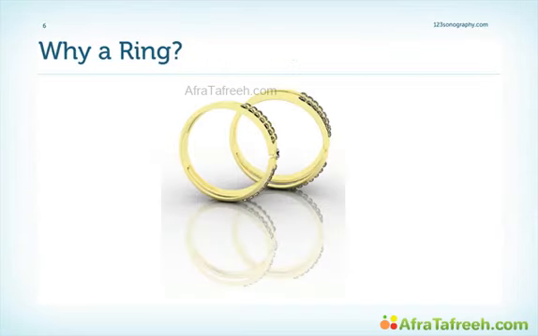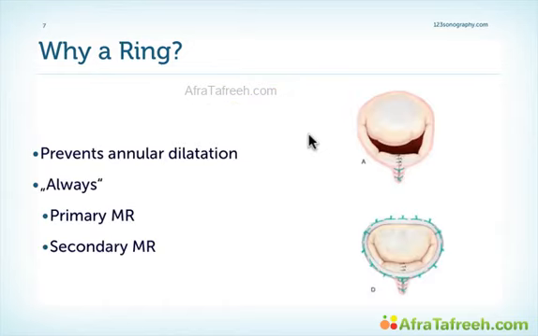But why a ring in the first place? Well, this question has obviously nothing to do with marriage, but more with the competence of the mitral valve, because a ring prevents annular dilatation. And annular dilatation can still be a problem even if a valve is repaired. Most frequently, the posterior leaflet moves away from the anterior leaflet, and the annulus gets a more circular shape.